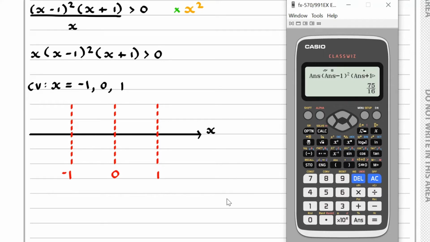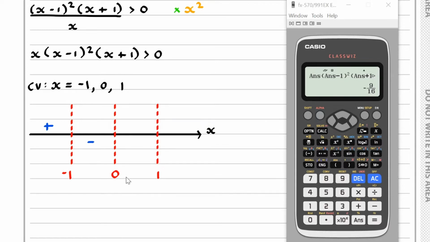You find we get a positive value. Let's now test a value in between minus 1 and 0, such as minus 0.5. And if I substitute this in, we have minus 0.5 lots of minus 0.5 minus 1 squared lots of minus 0.5 plus 1. We get a negative value.